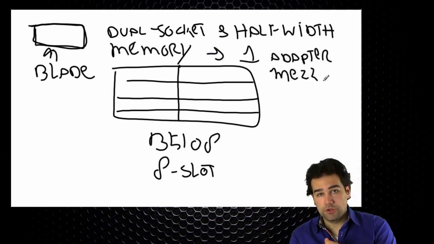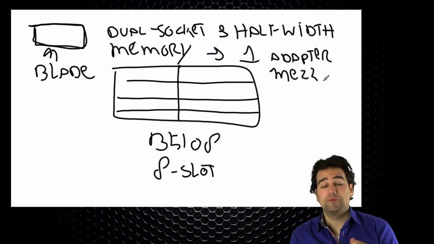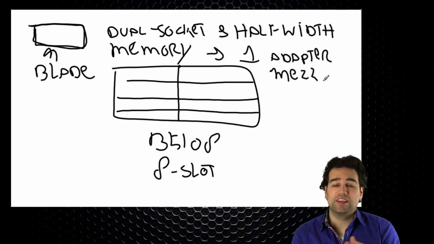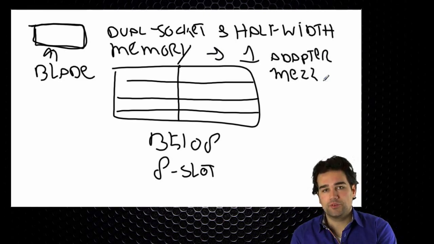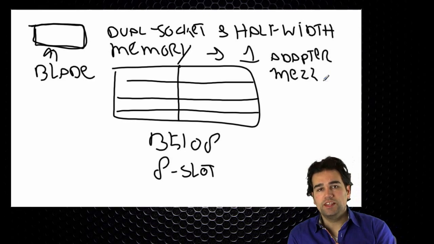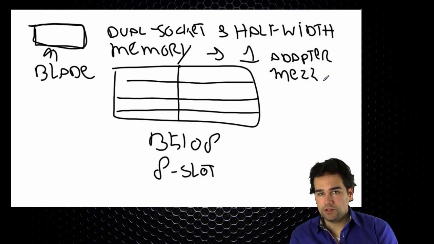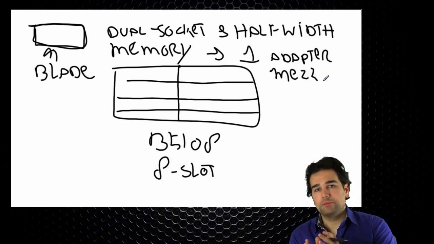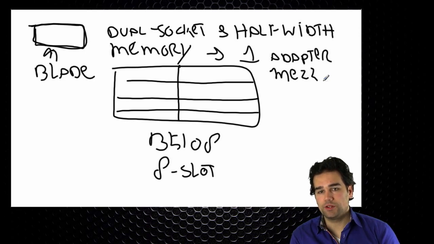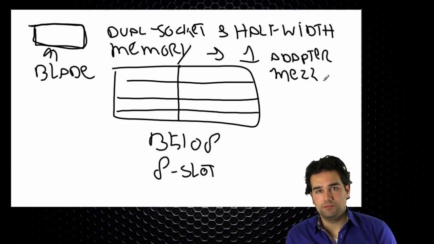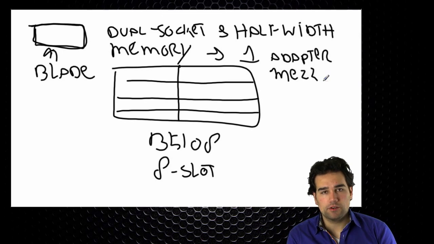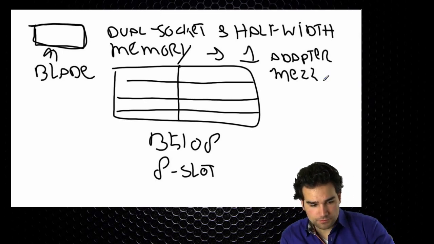So either my network uplink or my Fibre Channel uplink, but usually a combination of the two in a converged network adapter environment. So I usually see 1 CNA, as they call it, for both my networking and my Fibre Channel uplinks towards my network. So that's the mezzanine adapter, or mezzanine slot, mezzanine card, however you want to call it.